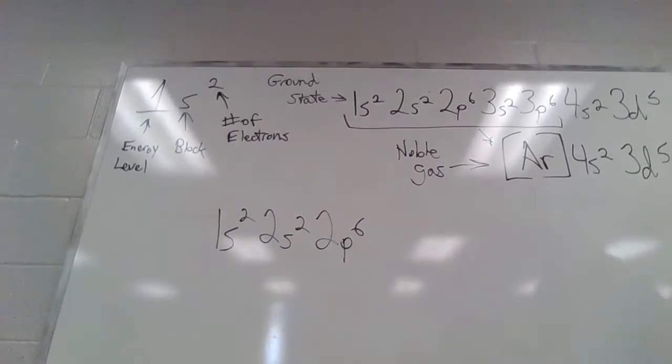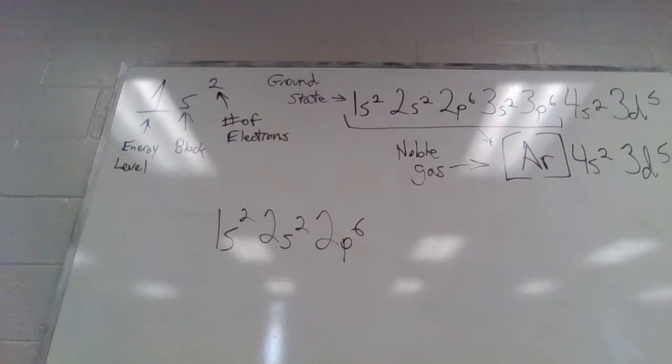And actually, is this the one that I've already done? Yeah. So if I go through this, where do I end here? What's the last thing I end with? 3d to the fifth. Yeah, sorry, I didn't mean to cut you off. 3d to the fifth. And so what element was that? Manganese. Manganese, which is a weird name. But it's manganese.